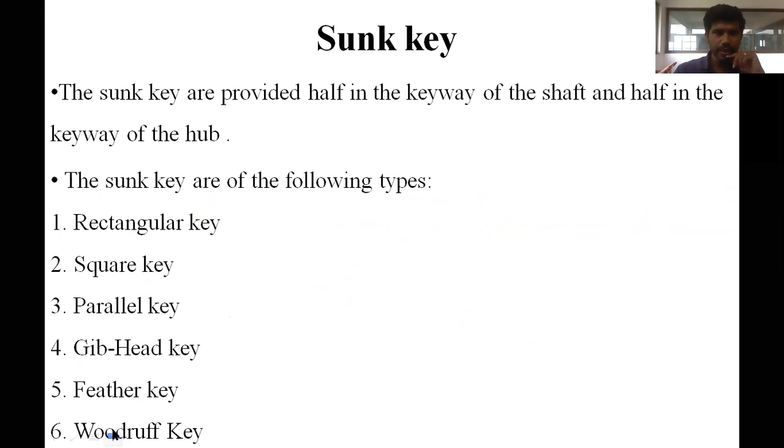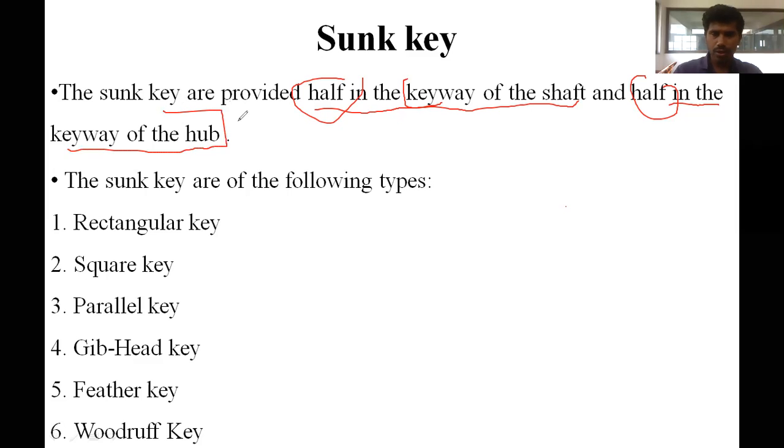Coming to the next, the sunk keys are provided half in the keyway of the shaft and half in the keyway of the hub. For example, this is a circular pulley.